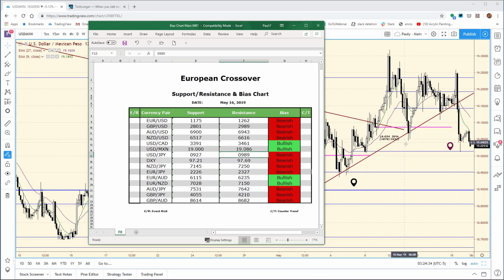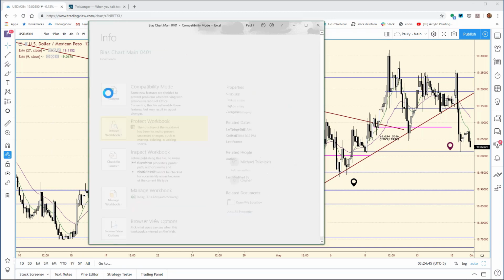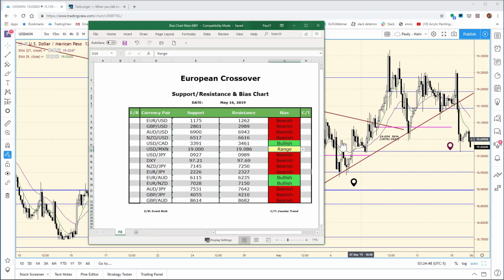And at this point now, we have to say this has moved into a range. Can't say it's bullish. Now the dollar cat is still bullish, but we have to say the dollar peso is now range. I'll have to defend that to reestablish it. It's going to be a little bit tough at this point.